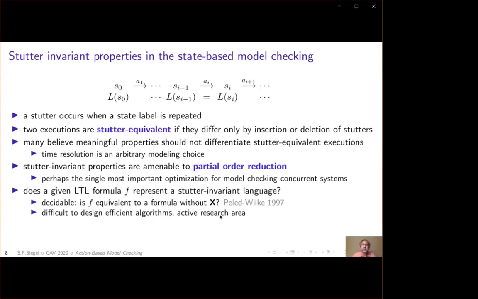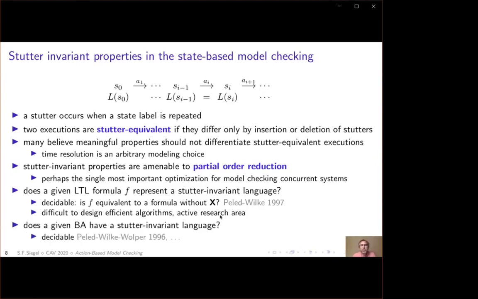Now, given an LTL formula F, can you determine whether it represents a stutter invariant language? The answer is yes. There's a famous result which says F has a stutter invariant language if and only if it's equivalent to a formula without the next state operator. But I should point out that it's actually an active research area to design efficient algorithms for checking that property.